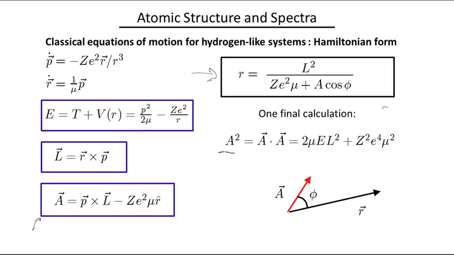It's worth doing because it's a fairly straightforward calculation. And that calculation gives us a relationship between the magnitude of A and the energy and the angular momentum. So in other words, the energy, the angular momentum, and the Runge Lenz vector are each constants of motion, but as this equation shows, they're not entirely independent.